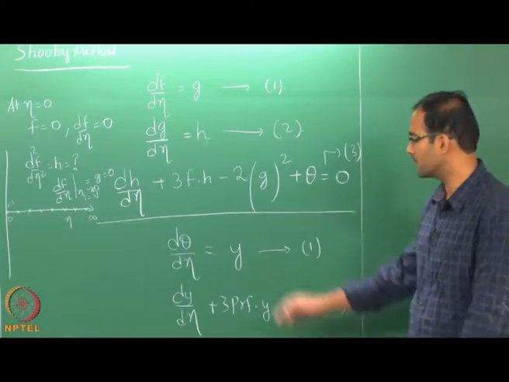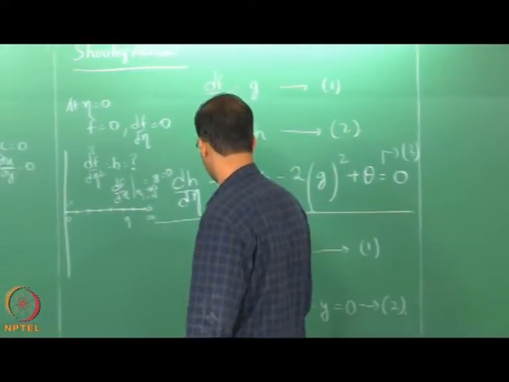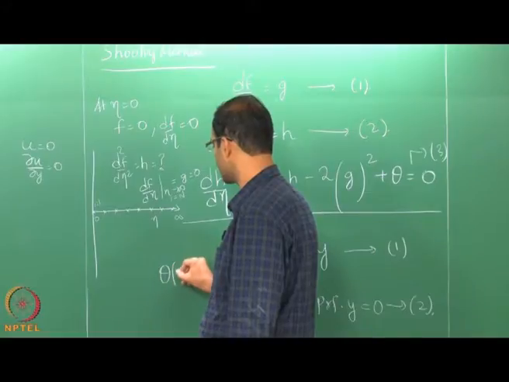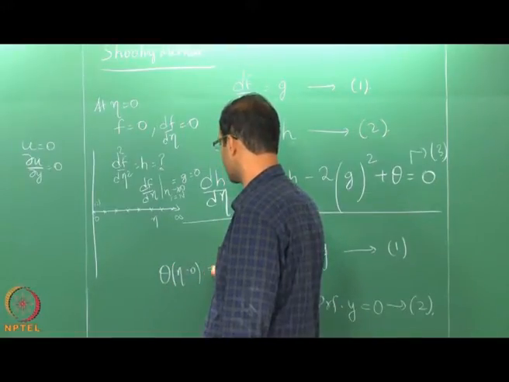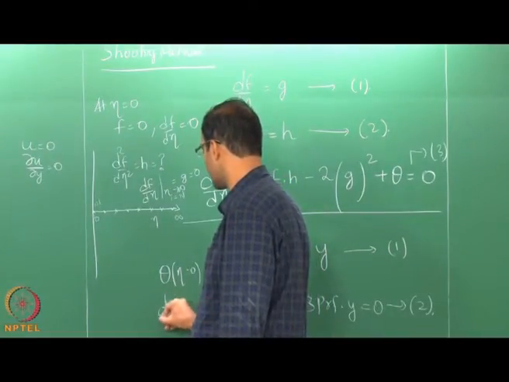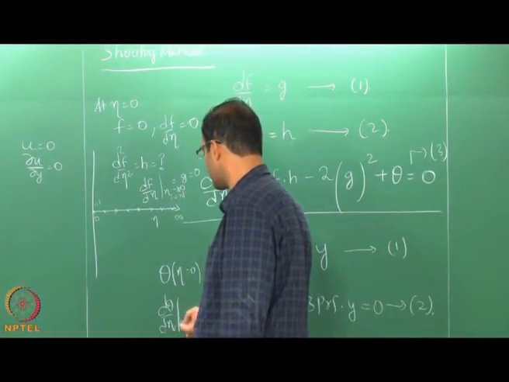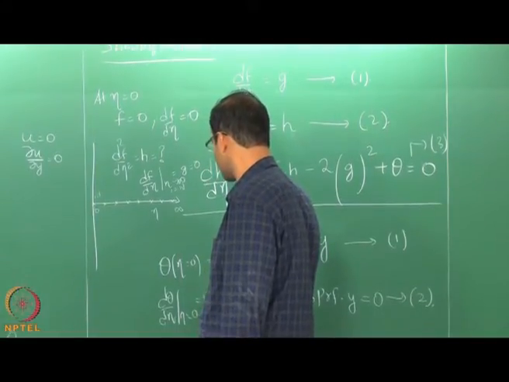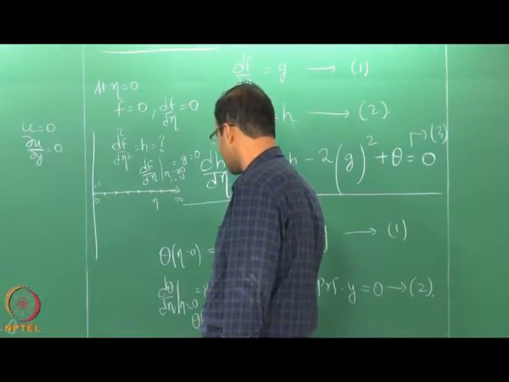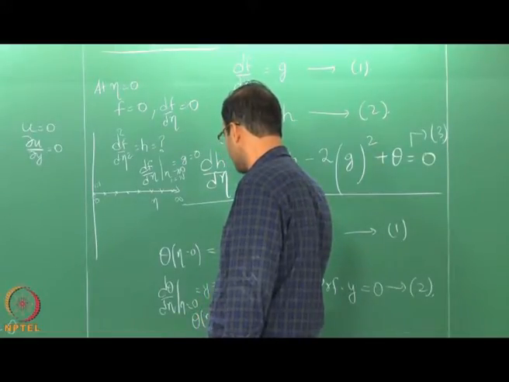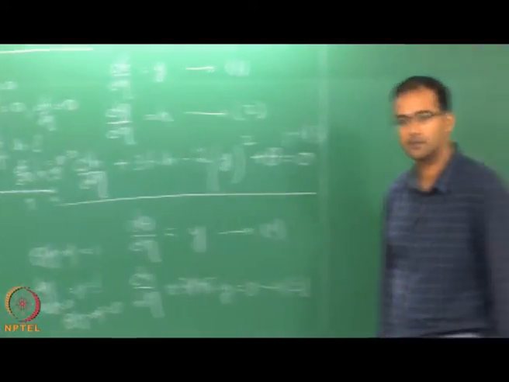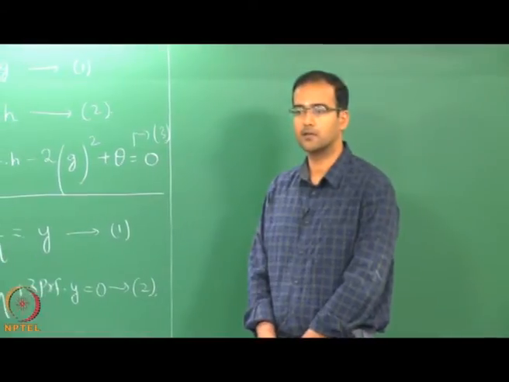Same way here also, if you look at theta, you know that theta at eta equal to 0 is equal to 1, but you do not know what d theta by d eta at eta equal to 0 is. So, this is your y, which is not known, but what you know is theta at eta going to infinity, which is equal to 0. Therefore, we now have to introduce the shooting method.